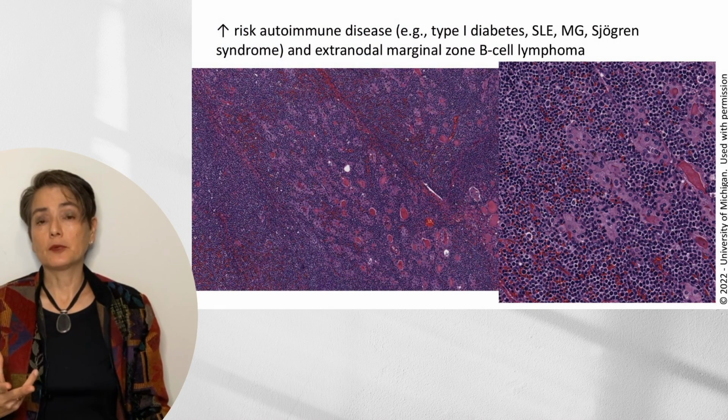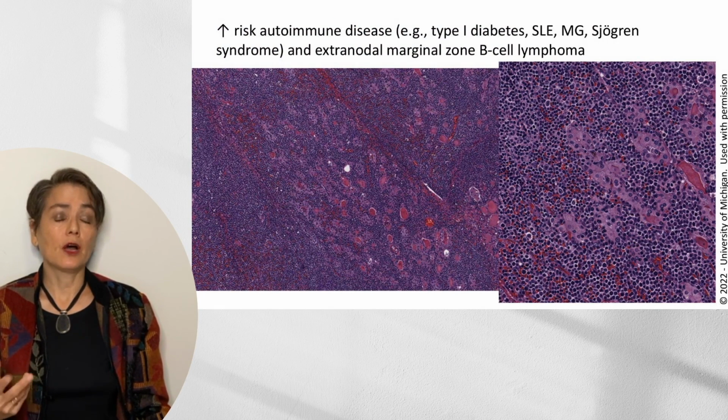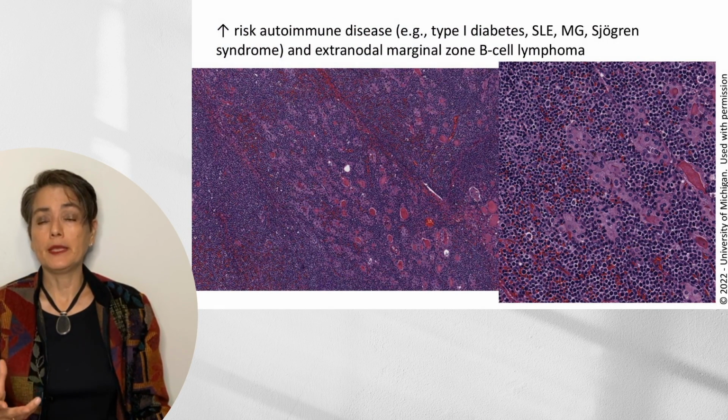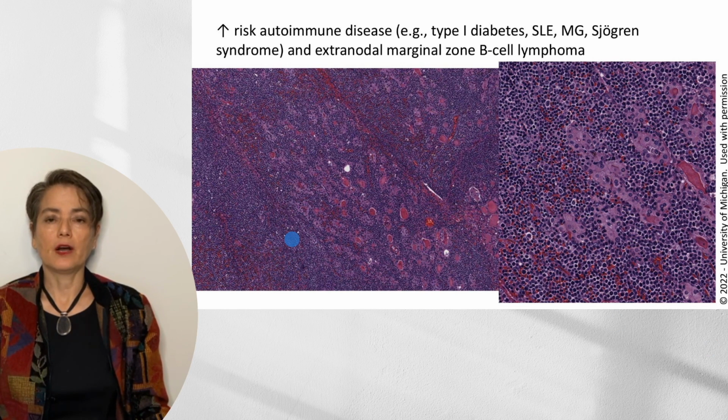So patients with Hashimoto thyroiditis are at increased risk for other autoimmune diseases like type 1 diabetes, systemic lupus erythematosus, myasthenia gravis, and Sjogren's syndrome. But also because of these sheets of reactive B cells, you can get an extranodal marginal zone B cell lymphoma. And that's what we see here is just such a lymphoma arising in a background of Hashimoto thyroiditis.